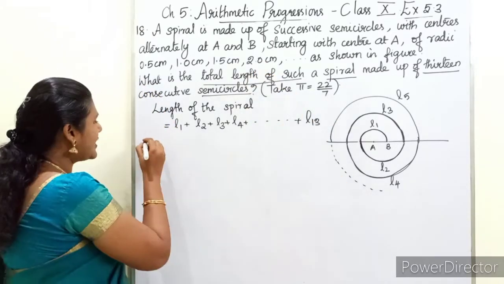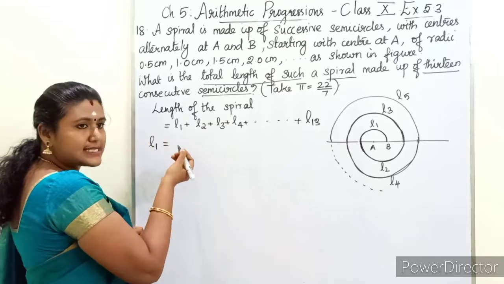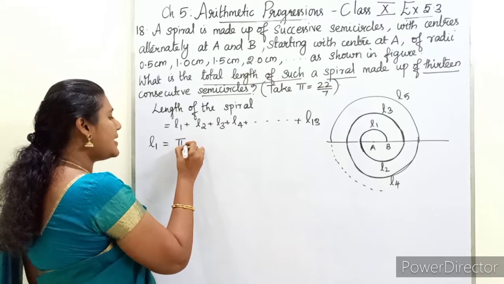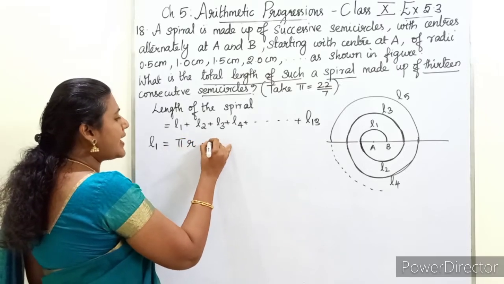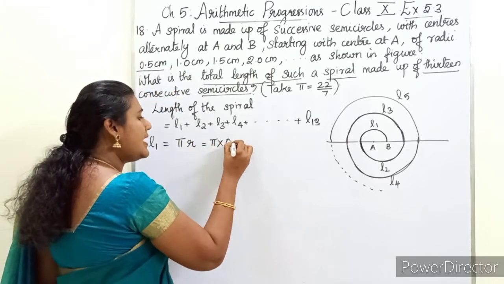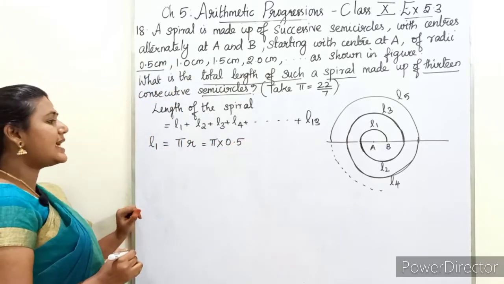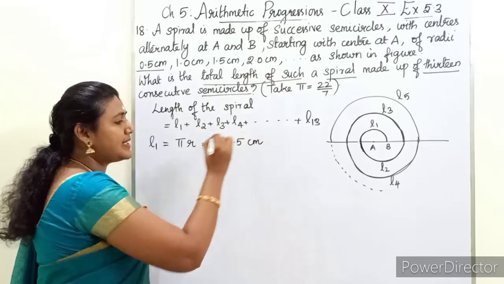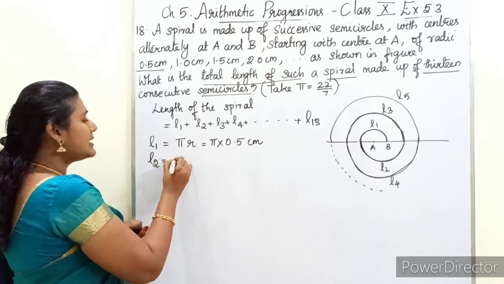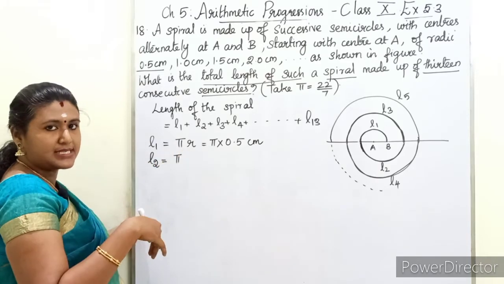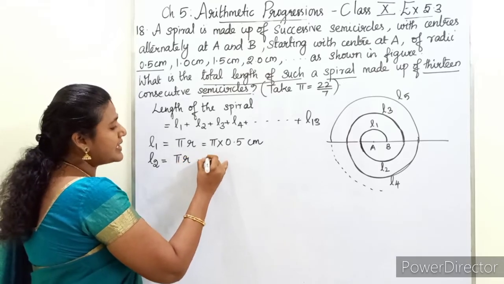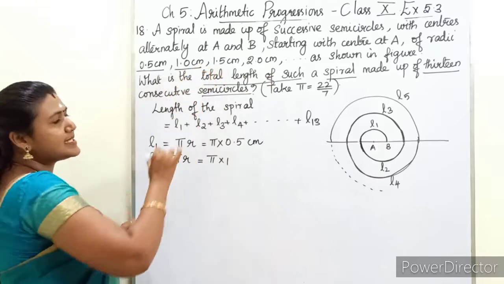First we will find L1. L1 is the circumference of the first semicircle. The formula is pi r, that is pi into the radius of the first semicircle, 0.5. So pi into 0.5 is the length of L1. Similarly, for L2, the formula is pi r, but the radius of the second semicircle is 1.